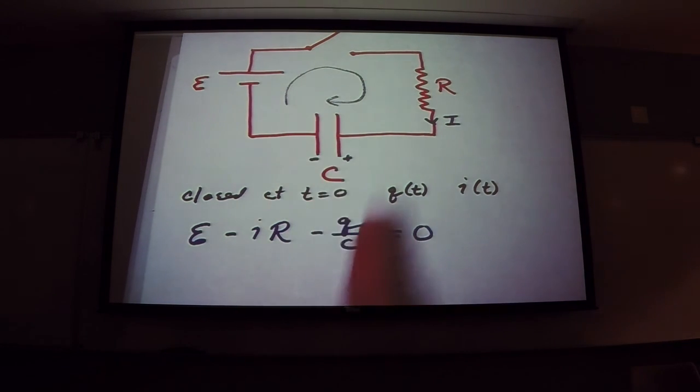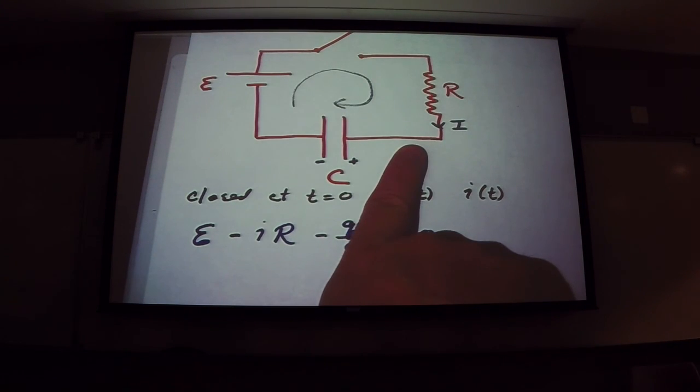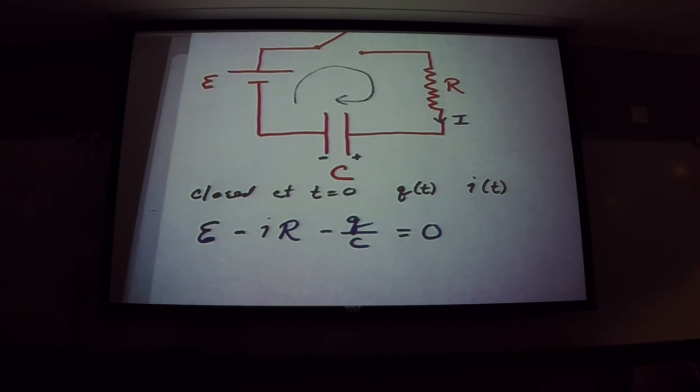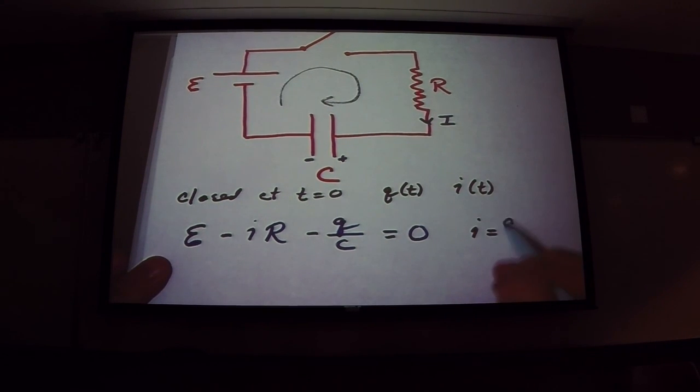So the amount of charge that flows onto the capacitor is the amount of charge flowing with the current. And so we use the definition of that current, which is dQ/dt.